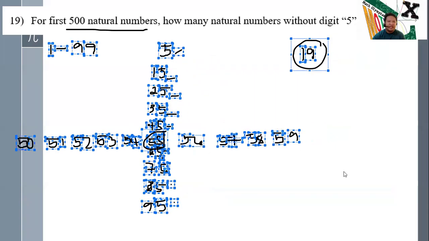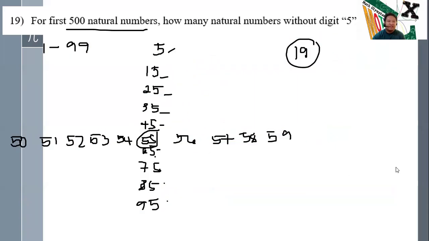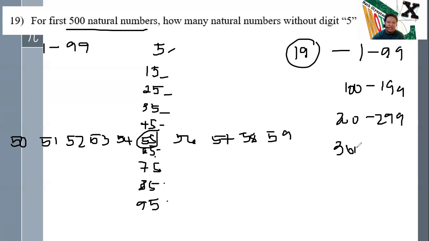There are 19 for the numbers from 1 to 99. There will be 19 from 100 to 199, 19 from 200 to 299, 19 from 300 to 399, and 19 from 400 to 499.